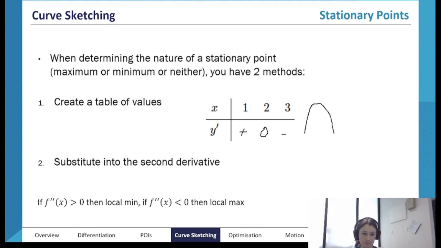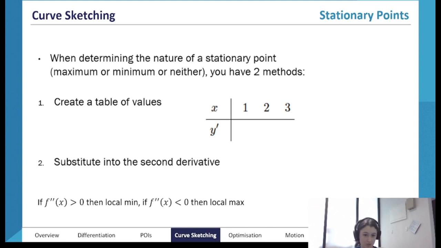Now, if we switched this around, if we had negative and then positive, it tells us our curve is going to be decreasing, then it's going to reach 0, then it's going to be increasing. So it is a local minimum point. So that is how we can use a table of values, and what we often call this is the first derivative test.